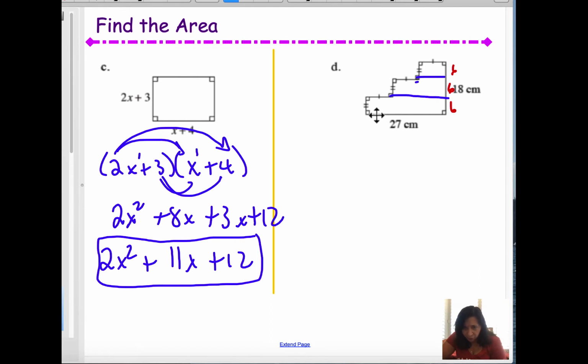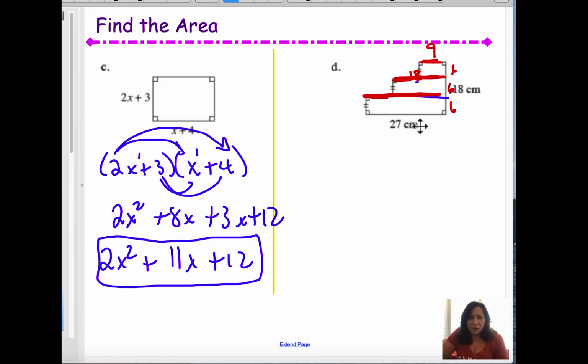Likewise, if this is 27 and this is broken up into 3 parts, 27 divided by 3 is 9. And so each one of these parts would be an additional 9. So this right here would be 9. Then this part here would be 18. And then this part right here would be 27, like we have here.